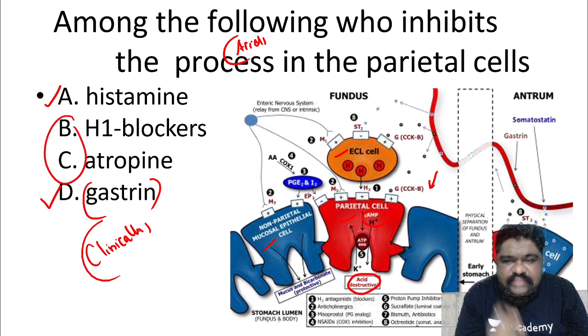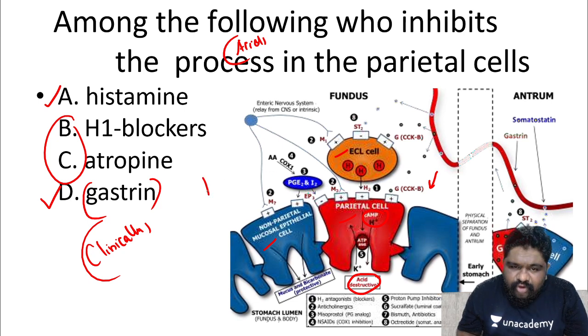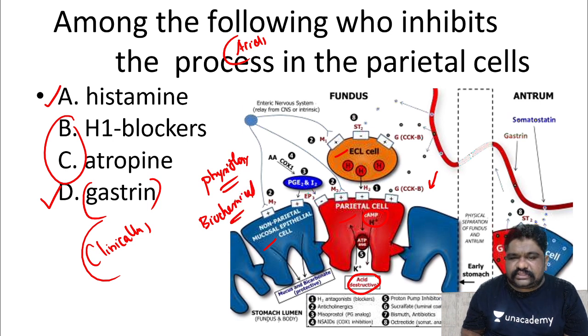Now this is one type of biochemical question where you will try to recollect and combine two different subjects together. For this you have to know some basic physiology and you should be knowing the biochemical transport system that is happening near the parietal cells. Also you should know a little bit of pharmacology. Only then you will be able to answer certain kinds of MCQs.